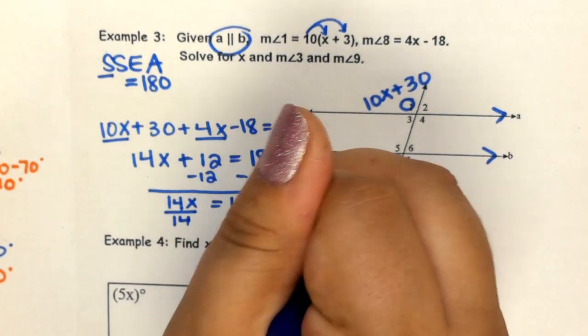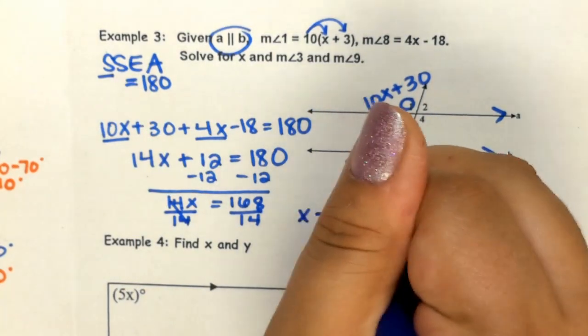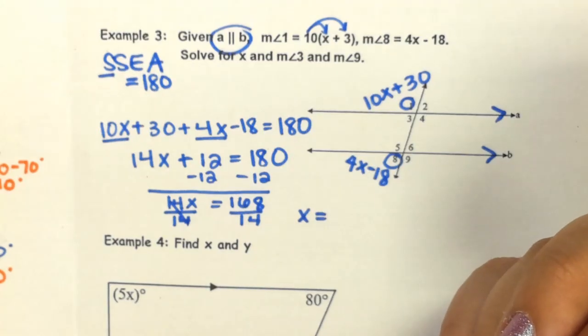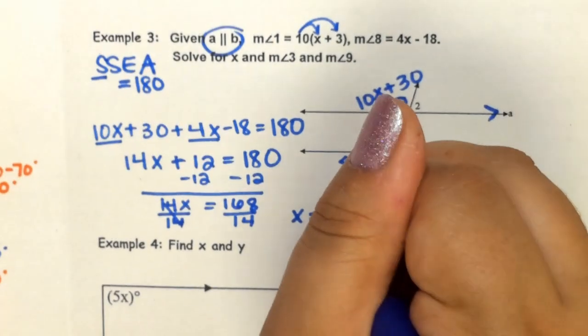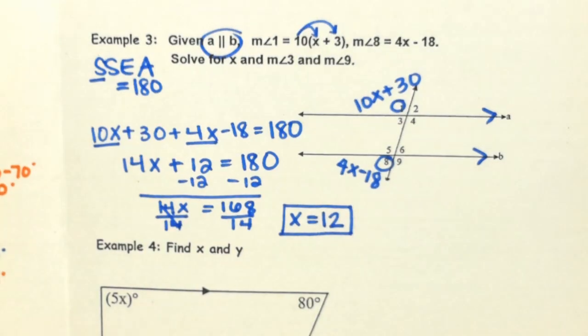And let me know when you get what 168 divided by 12 is. Divided by 14. Dang, I gave you the answer. Divided by 14 is... Yeah. My bad. Had the answer on my mind.